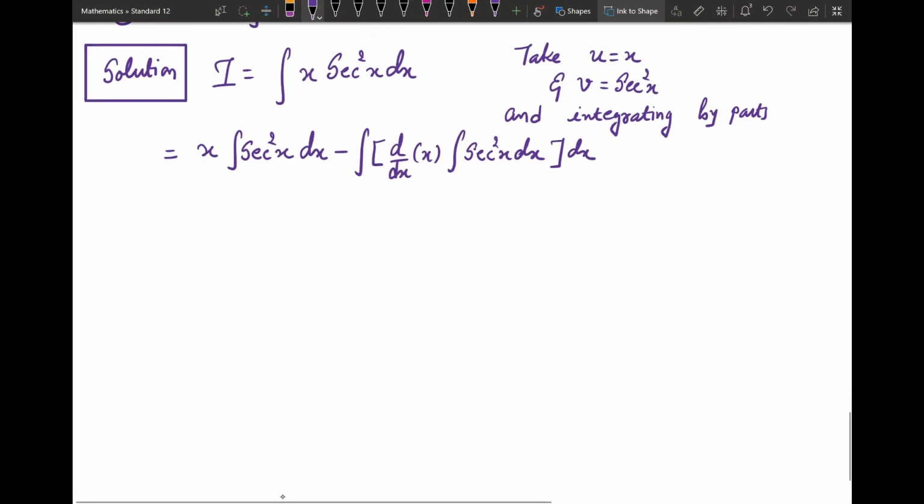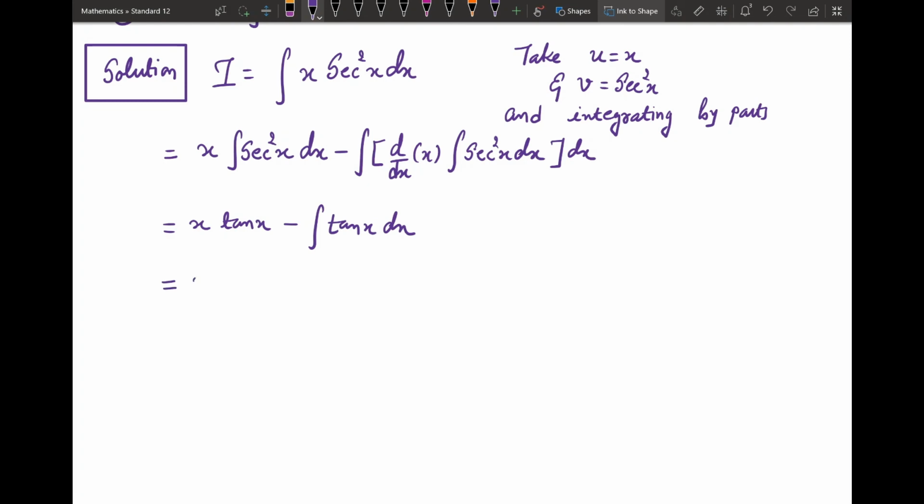So this is nothing but x tan x minus integration of tan x dx.